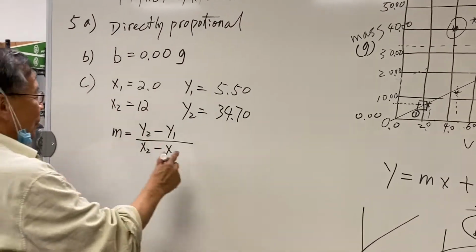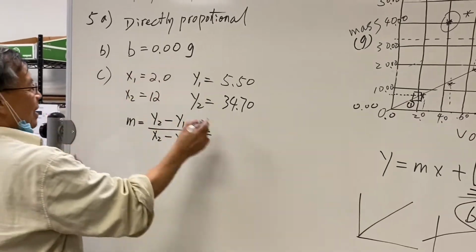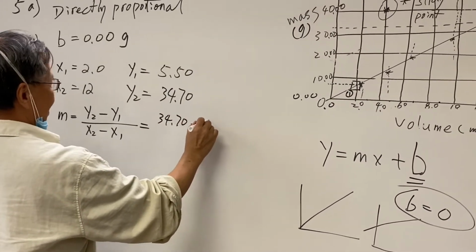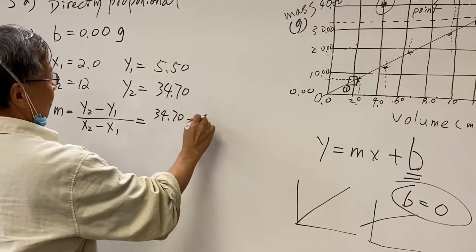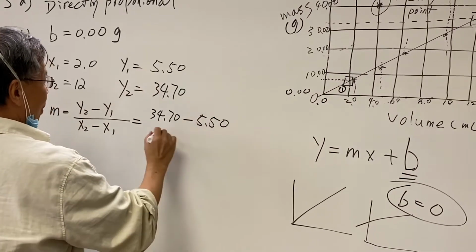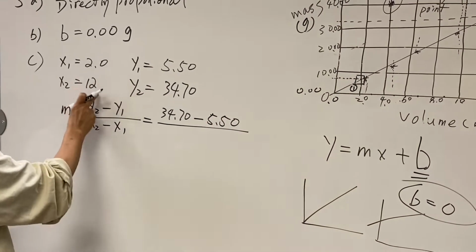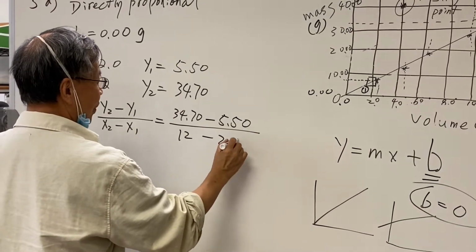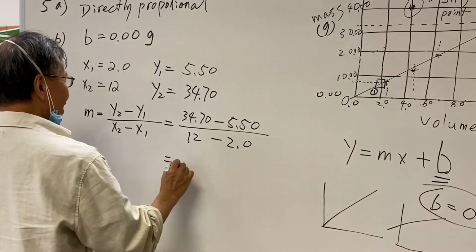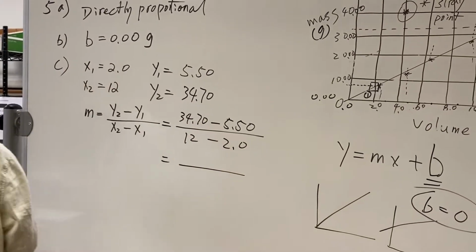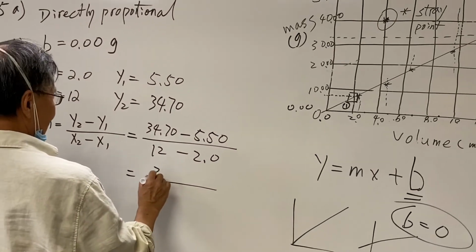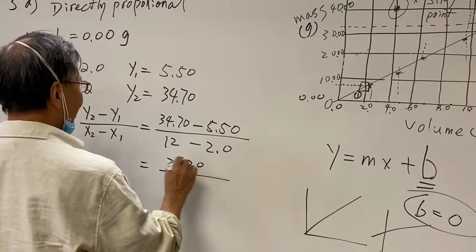Then simply plug in 34.7, then 15.50, and then 12.2. On top, none of you will have a problem. You simply use your calculator.